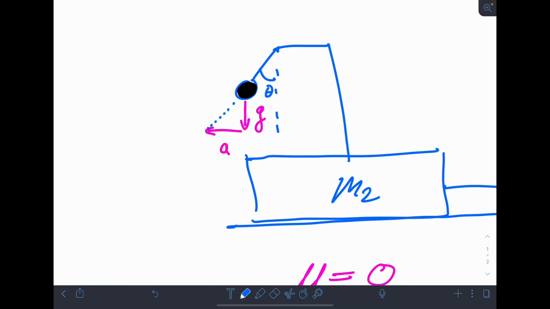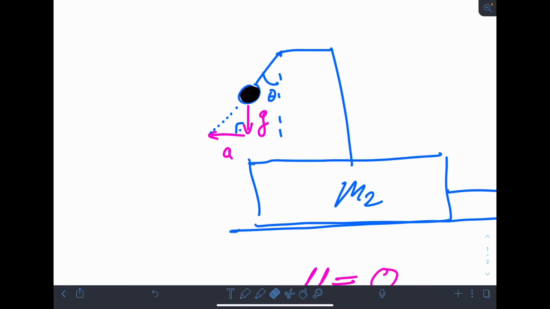Extending this line, we know that this angle is 90 degrees because gravitation is acting only in the y direction, and the acceleration of the system is acting only in the x direction. And if we continue by extending this line, we also see there is a 90-degree angle here.